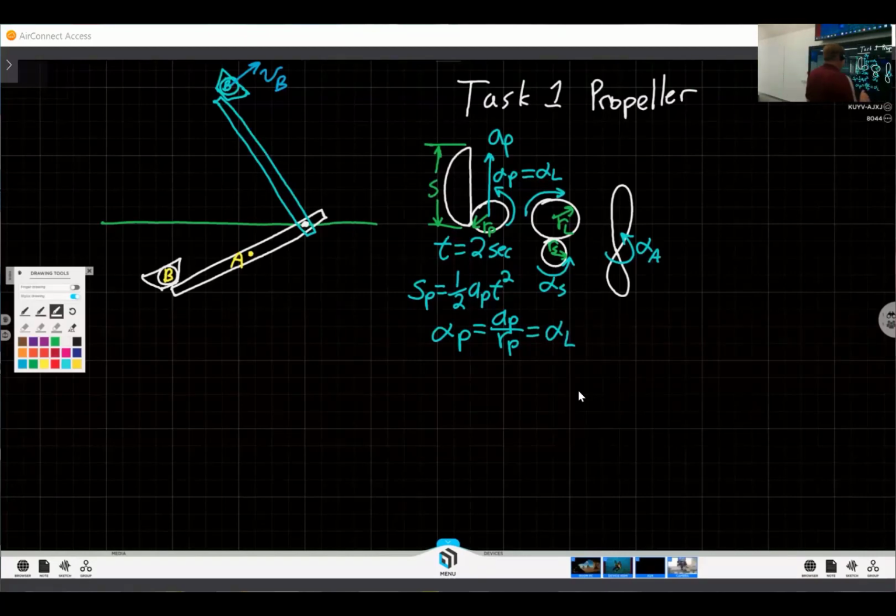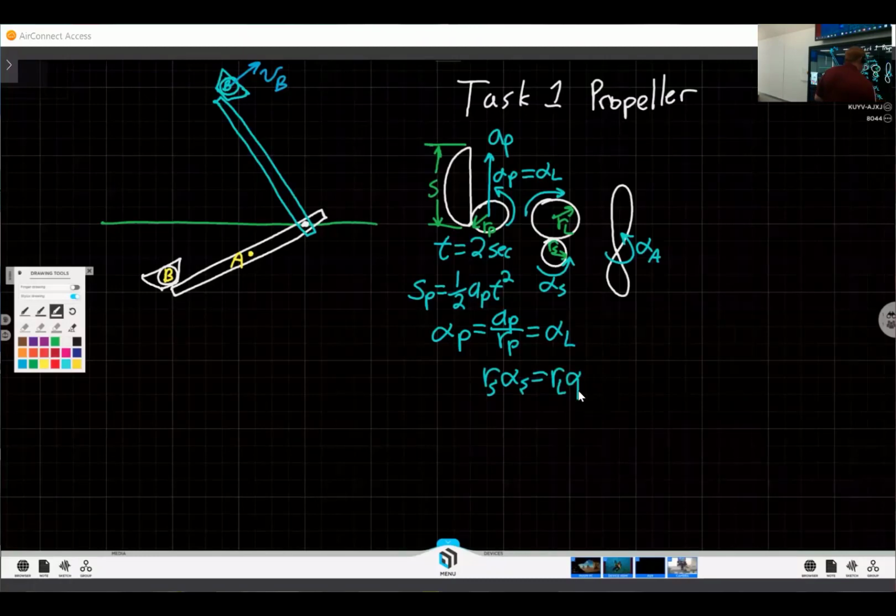And so you can say that the radius of the small gear times the angular acceleration of the small gear is the same as the radius of the large gear times the angular acceleration of the large gear. So you can get your angular acceleration of the small gear. And once you know that, your angular acceleration of the propeller is the same as the small gear.